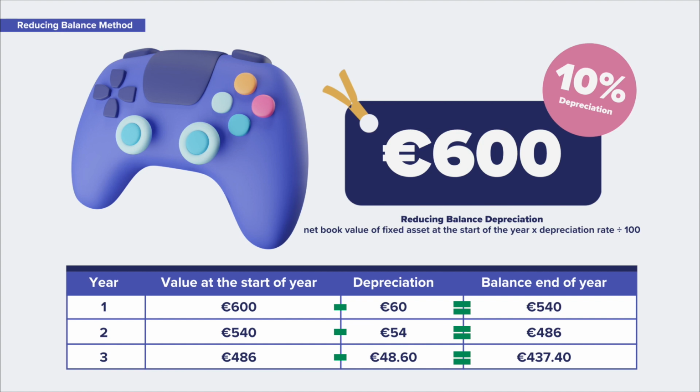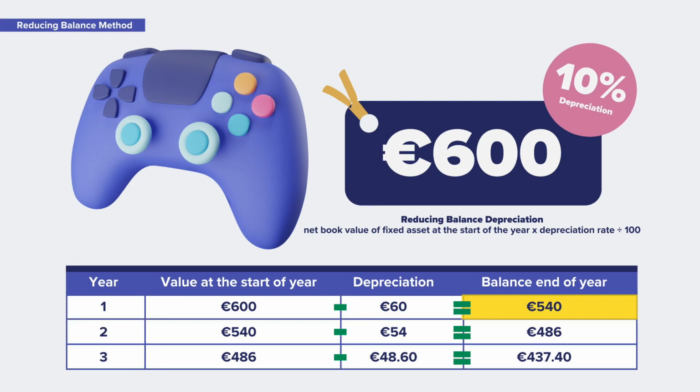To recap on that, for the reducing balance method, we started by getting 10% of our initial value. The value of the games console was €600. We found 10% of this, which was 60, which left us with a balance at the end of year one of €540. That's straightforward. That's the same as the straight line method. Things get a little bit more tricky here.